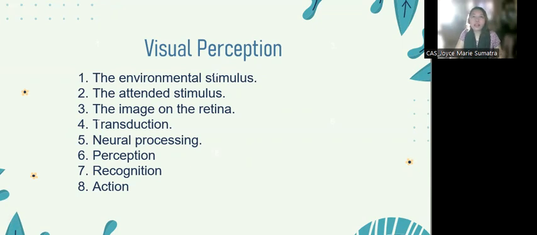This allows the visual messages to be transmitted to the brain to be interpreted. The electrical signals then undergo neural processing. So specifically a visual signal, then you will be able to perceive the stimulus object in the environment, the cotton candy vendor. It is at this point that you become consciously aware of the stimulus.